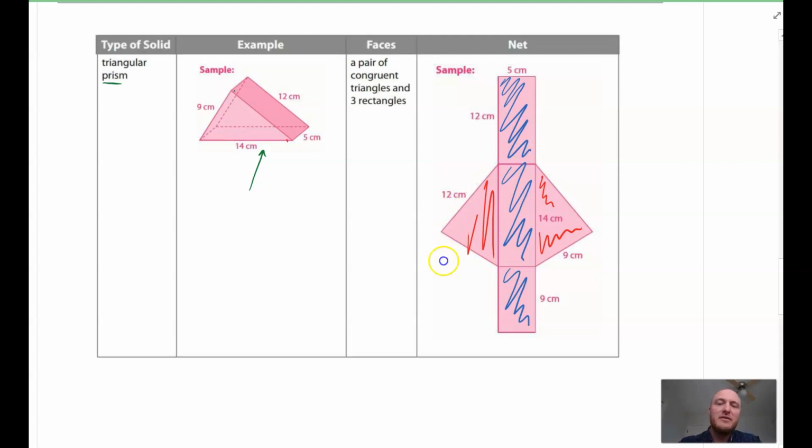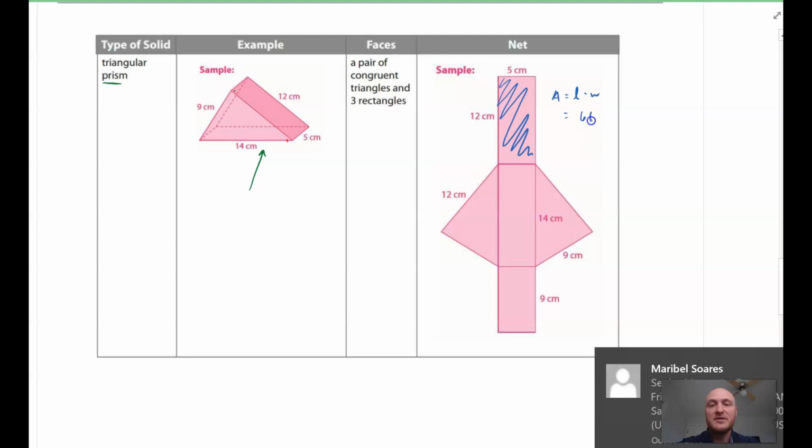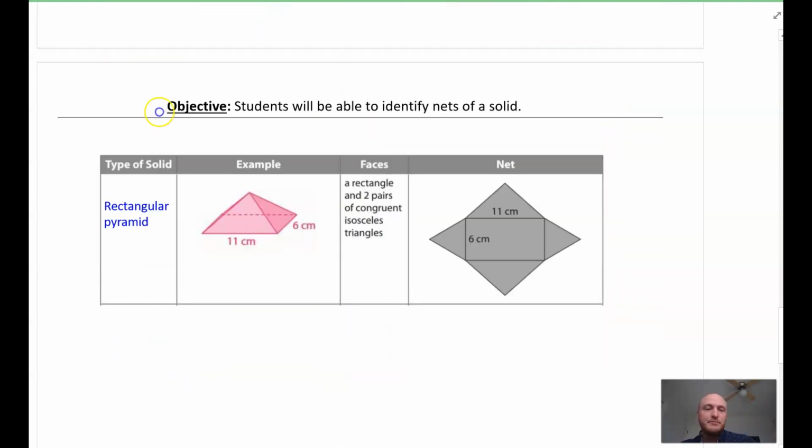It can seem very complicated, but if I break open the objects or lay them out in their net form, you can easily calculate the area. Like, what is the area of this piece here? Well, area is equal to length times width for a rectangle. So 12 times 5 gives us 60 square centimeters. That's what we're doing with these problems later on.